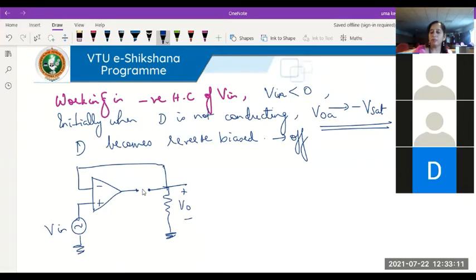Diode is off means the output voltage across the load will be 0. I don't have any current. Only when this is a closed loop does it behave like a voltage follower, with the output following the input, as we saw. But here, since the diode is switched off, the output voltage V0 turns out to be 0.